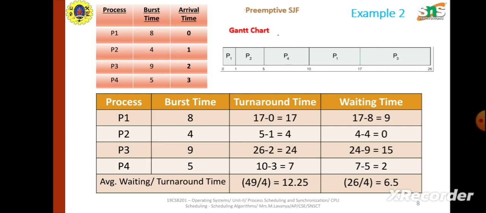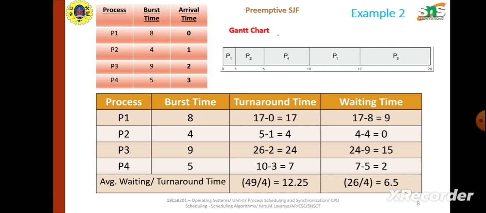P1 starts at 10 milliseconds, and 10 plus 7 equal to 17. 17 is the completion time of process P1. Finally, the process P3 with 9 milliseconds is in the queue. It is allocated for its execution. P3 starts at 17 milliseconds plus its burst time 9 equal to 26, the completion time of process P3.